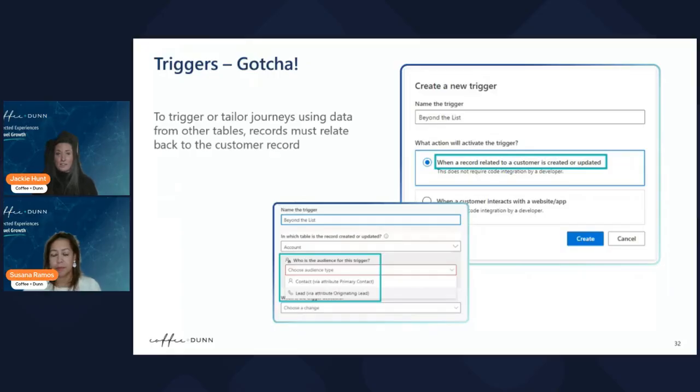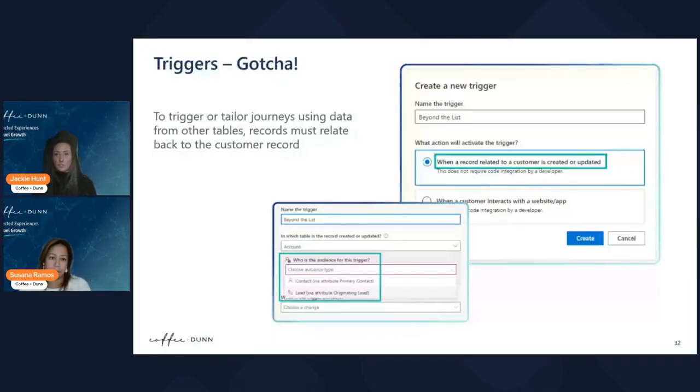Once that relationship is set up between the customer record and the data that you want to leverage, you can then use that trigger that listens for changes to that related data to design a journey that is a bit more tailored based off of changes to that related data. So relationship first, and then you can leverage the related data in a trigger.